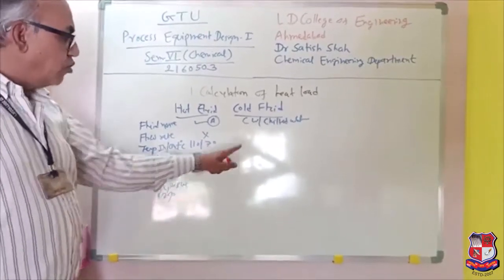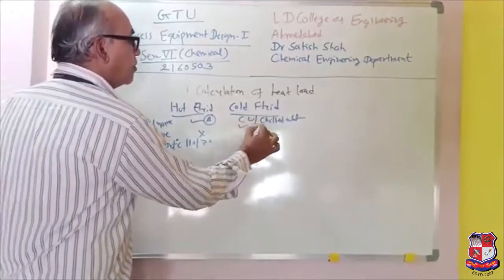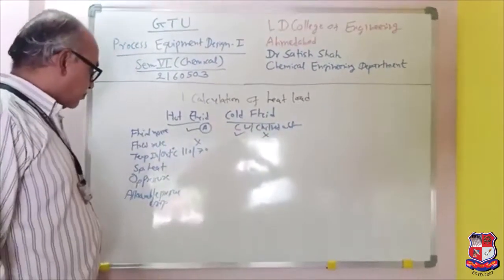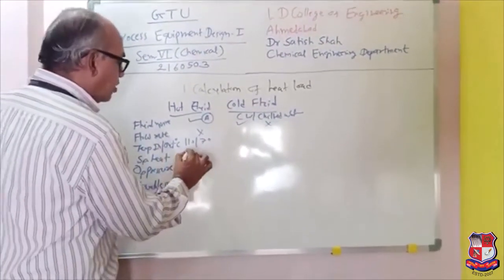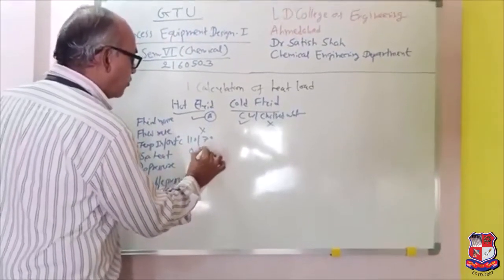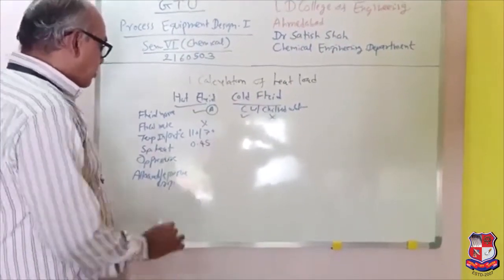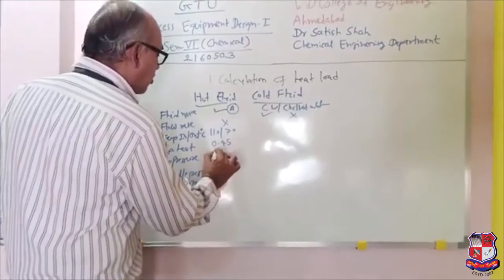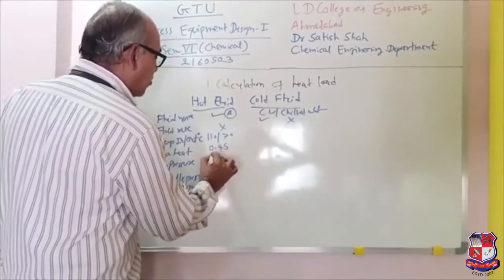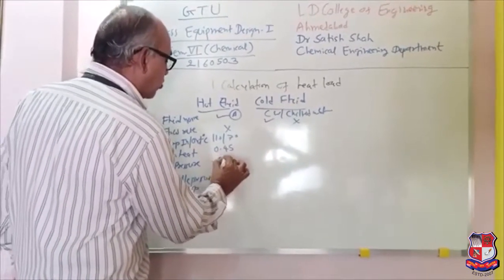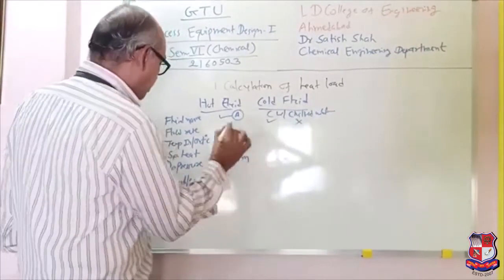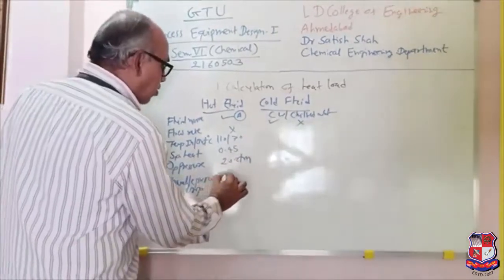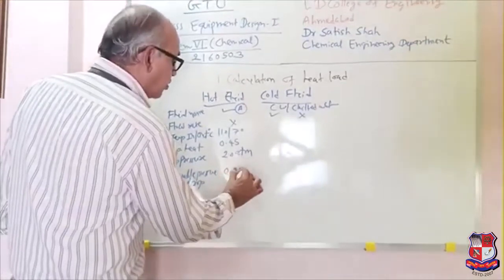And for this I am using cooling water. I am not using chilled water. The specific heat of this fluid is, let us say, 0.45. And the operating pressure is almost atmospheric, or it is slightly more than atmospheric, let us say 2 atmosphere. Allowable pressure drop is say 0.5 atmosphere.